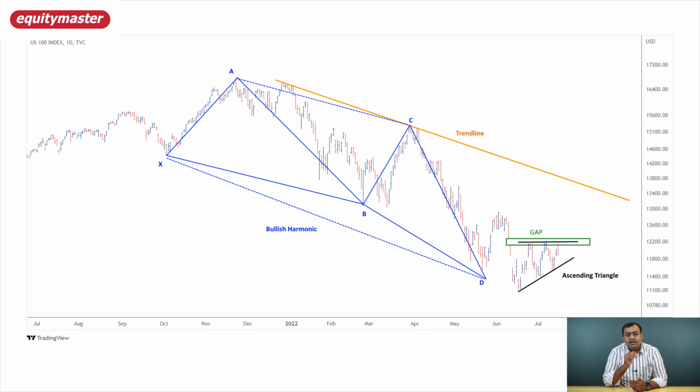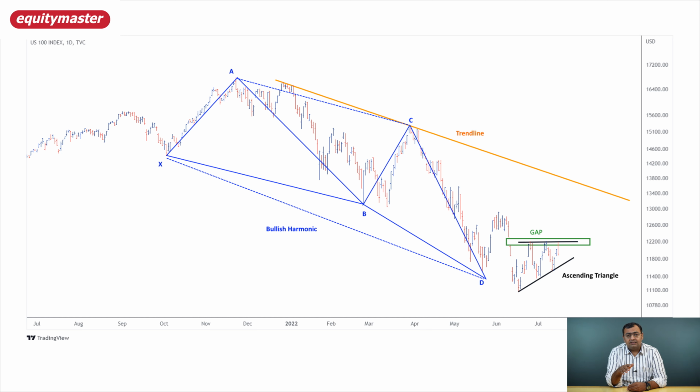So the gap area and ascending triangle could be the first sign. Once the breakout happens, this would be the first sign that the reversal confirmation could happen, and that is placed somewhere around 12,250, keeping a buffer of a few points, considering 12,300 as a confirmation of the short term bottom in place for Nasdaq, which could see a huge upside.